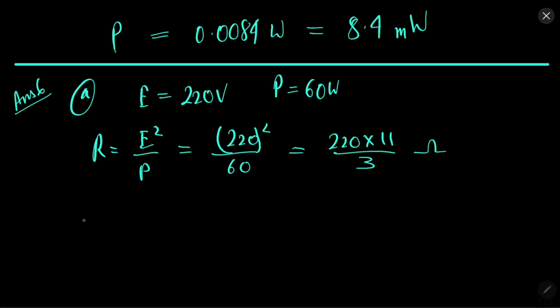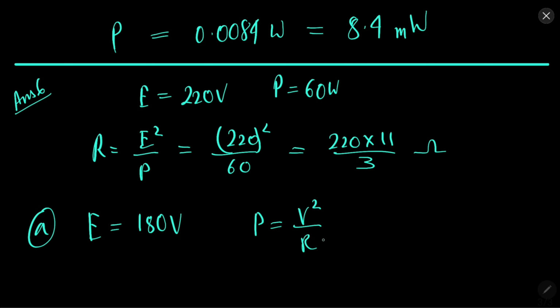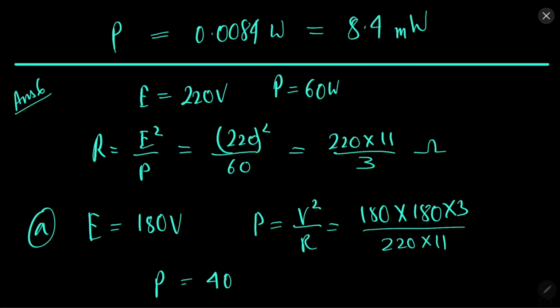So now in the first situation, if EMF is 180 volt, then power will be V square over R, 180 into 180 over 220 into 11 over 3. So power will be 40.16 watt.